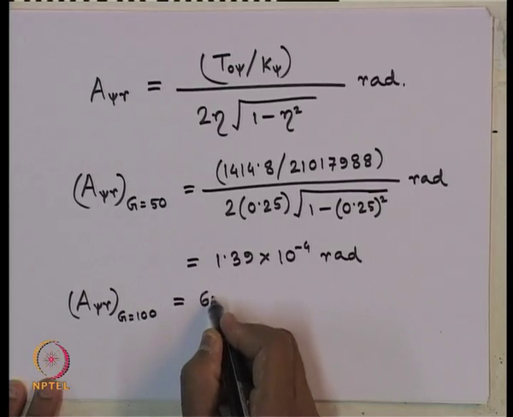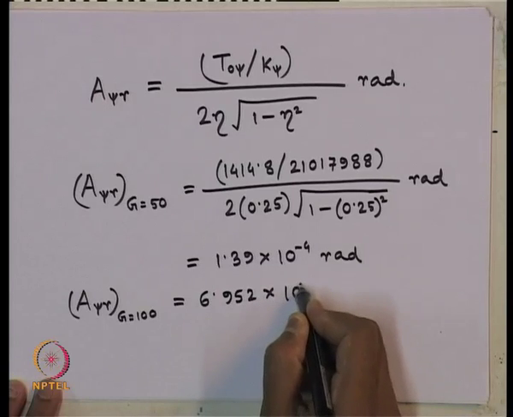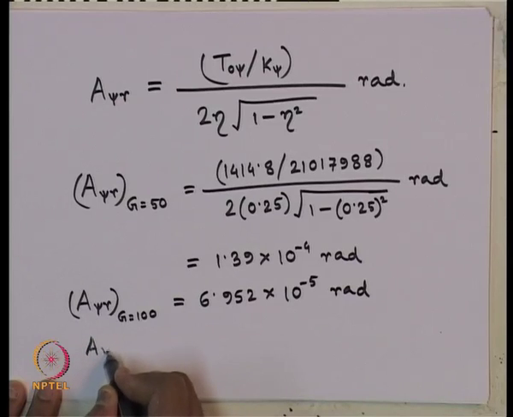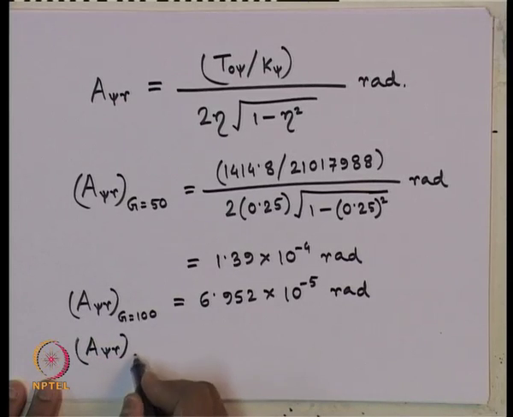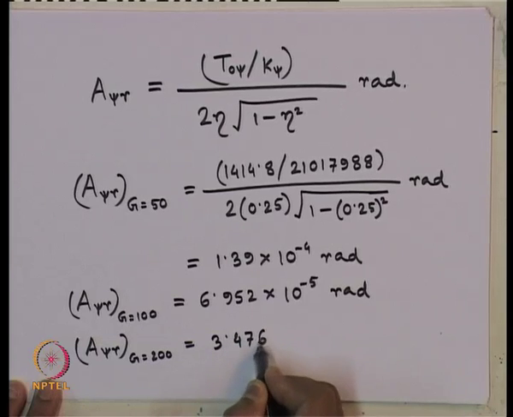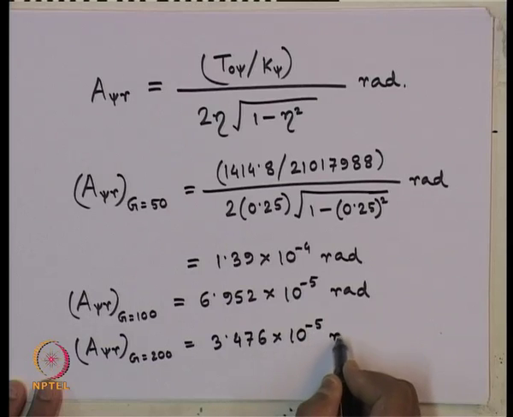So, it will be 6.952 into 10 to the power minus 5 radian, and A psi at resonance for G equals 200 kg per centimeter square will be half of this again, 3.476 into 10 to the power minus 5 radian.